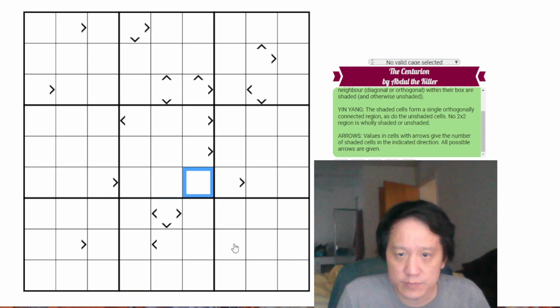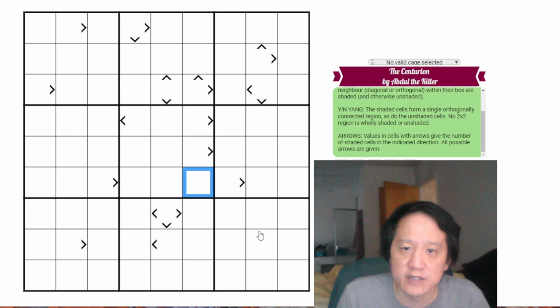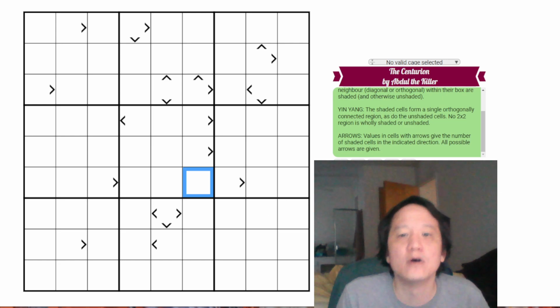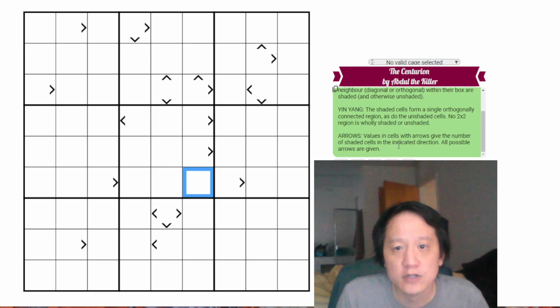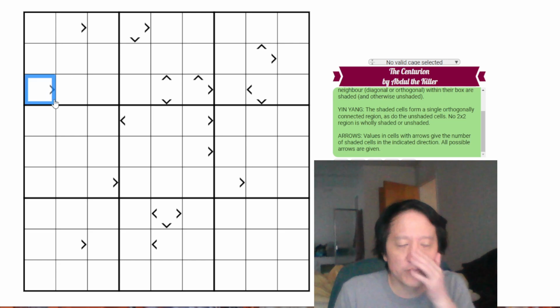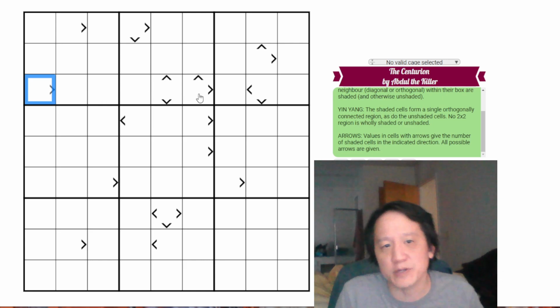Arrows. Values in cells with arrows give the number of shaded cells in the indicated direction. All possible arrows are given. Okay, so that's important to note because that is a negative constraint. So a negative constraint means that you know that all cells. Okay, so what do arrows mean?